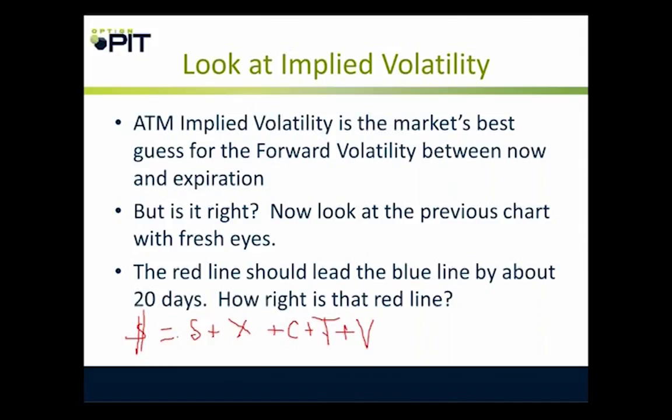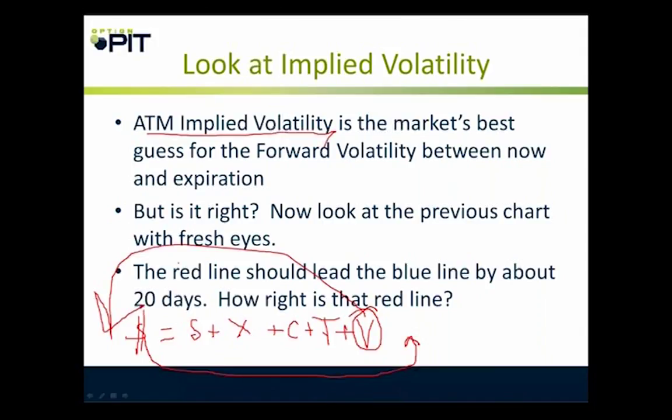I'm just using additions, but it's really a very complex differential equation. Then basically algebraically, we take volatility over to this side, and we take the price of the option over here, and we solve for volatility. In solving for volatility, that is where we get at the money implied volatility.